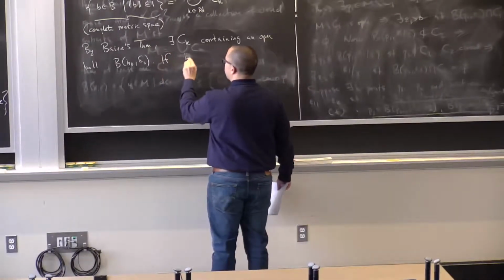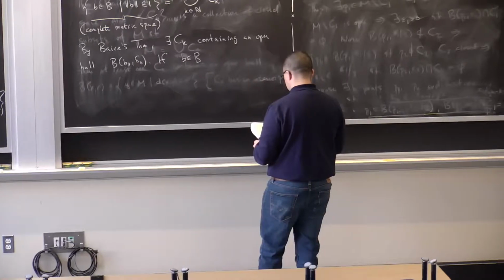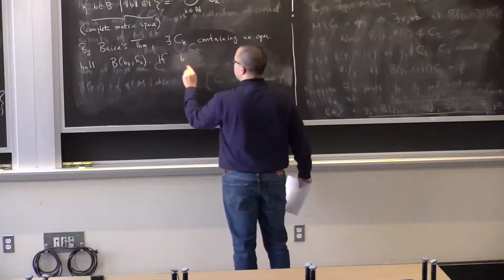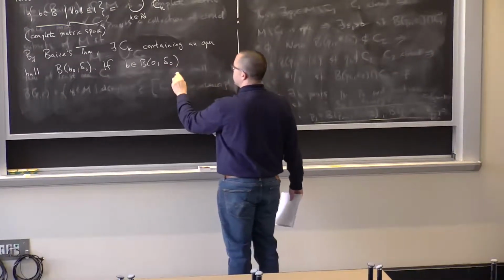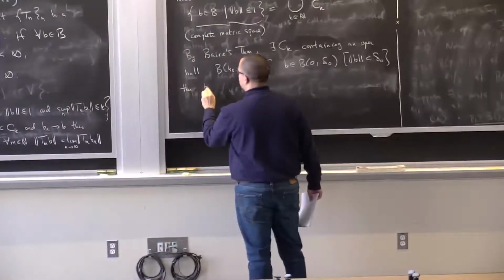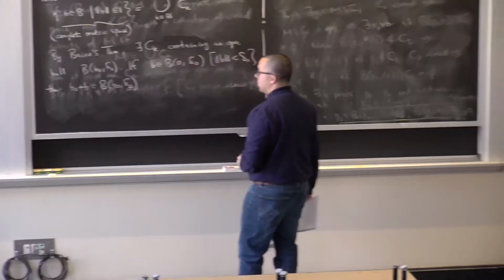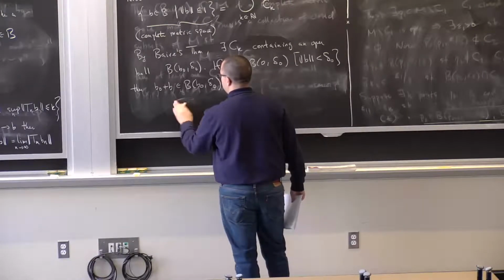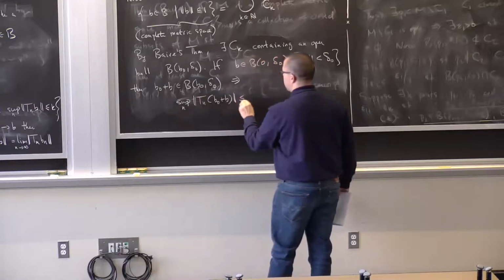So let's write it this way. If b is in the open ball of radius delta_0 centered at 0, i.e., the norm of b is less than delta_0, then b_0 plus b is in this open ball centered at b_0, and therefore the sup over n of the norm of T_n of b_0 plus b is less than or equal to k.